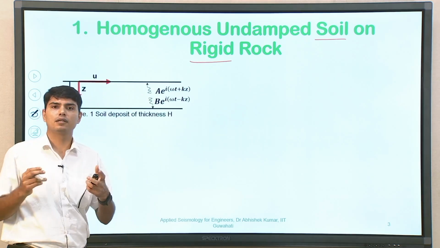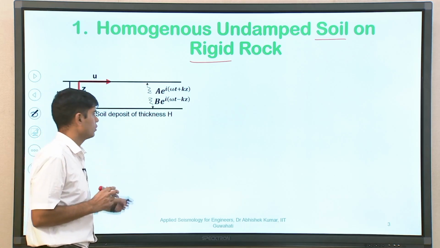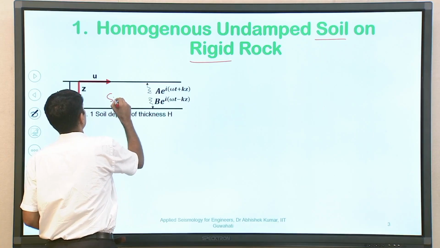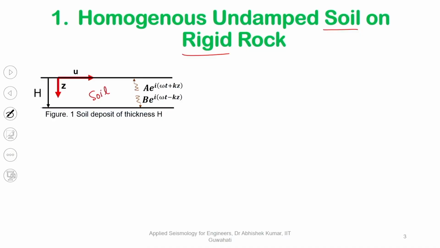This is the general nomenclature and geometry of the problem. This is the soil layer in which you are interested to find out how much alteration in the medium characteristic will take place because of this particular soil layer, which is undamped.